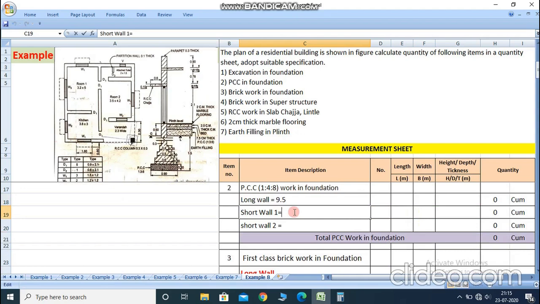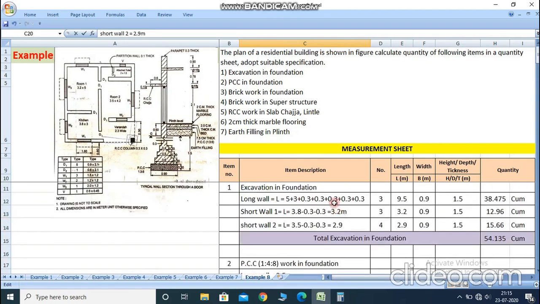Similarly for the short wall, the length already calculated is 3.2 meter. Similarly for the short wall, 2.9 meter. So these 3 things are already calculated in the excavation in a foundation.